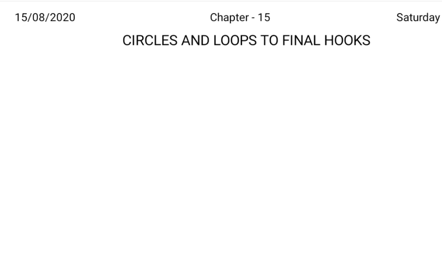Dear students, today I am taking up chapter 15, Circles and Loops to Final Hooks. We know for straight strokes we give the final hooks N, F or V hook. In case of curved stroke, we add N hook.